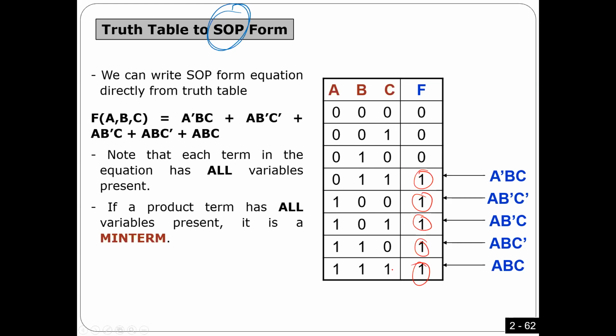And now how many ones do I have here? 1, 2, 3, 4, 5. That means I have 5 terms. For every one, I have one term here, and all of them are ORed together. So how can you get these terms here? This term should give me 1 in this specific case, and anywhere else should give me 0.